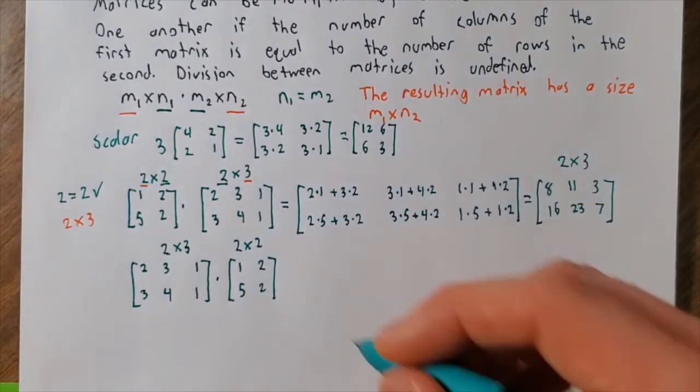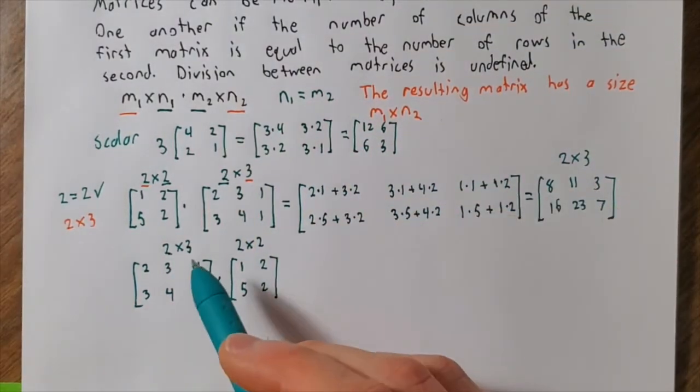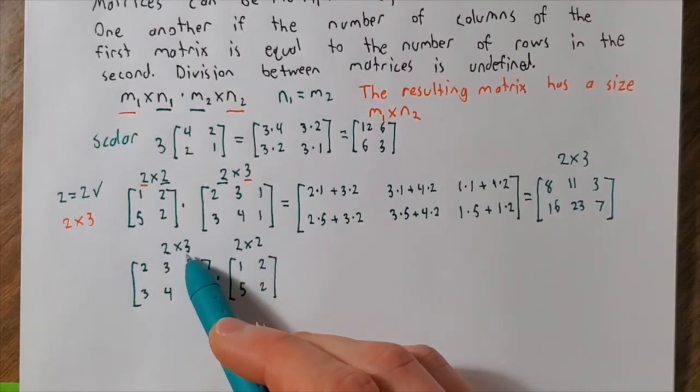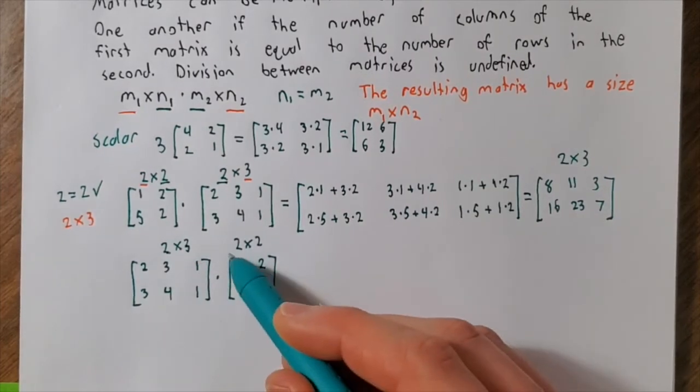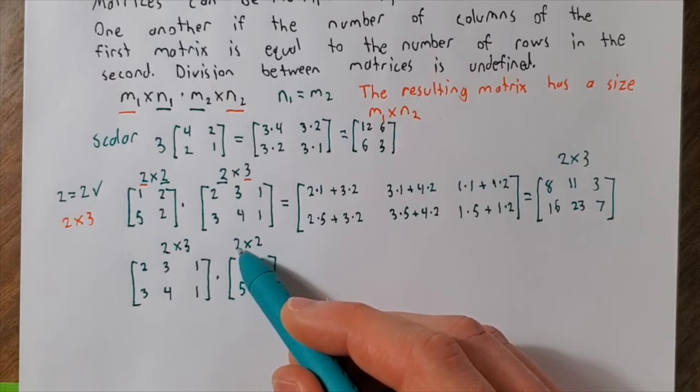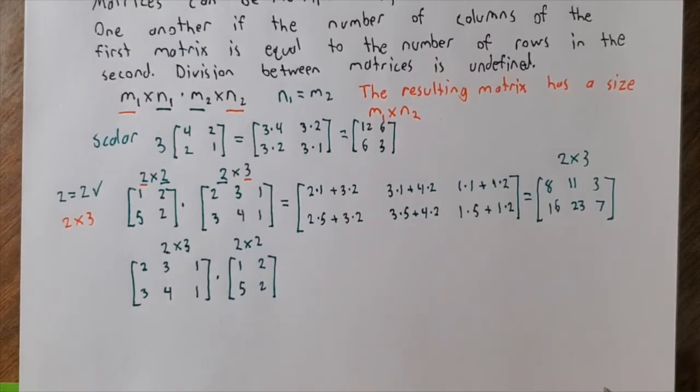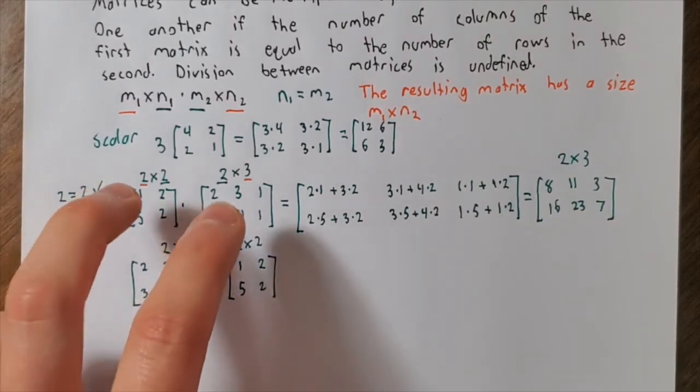And now when we try and multiply these together, we can see the number of columns in our first matrix is not equal to the number of rows in our second matrix. So we actually cannot multiply them together when we flip the order around, and that is because they don't have the same size here.